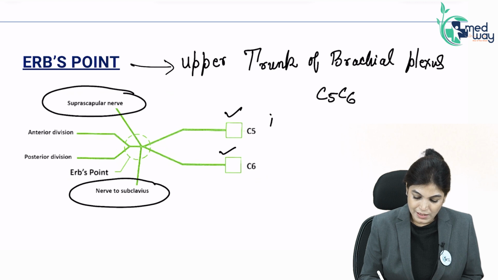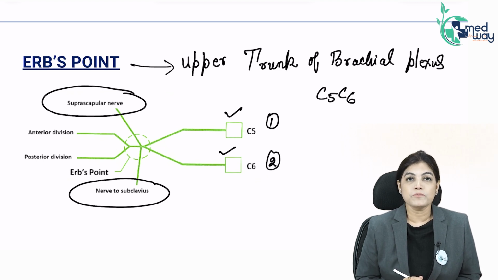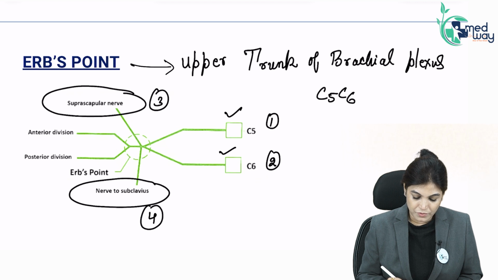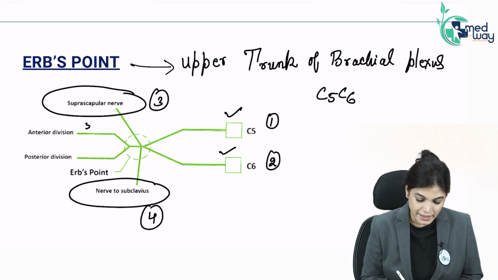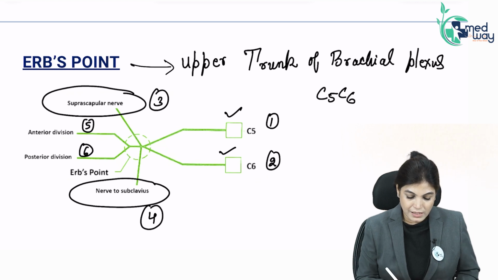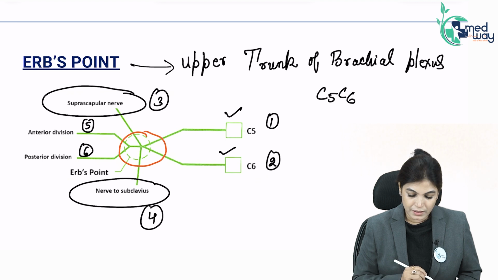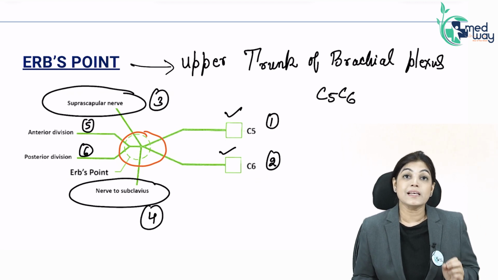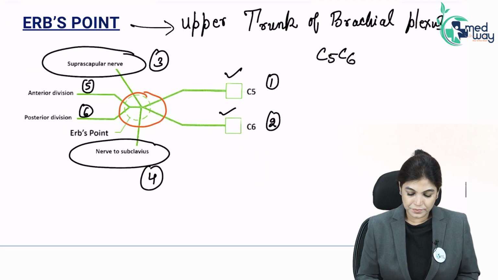So, this is C5, this is C6, and actually 6 nerves meet at Erb's point, the location of the upper trunk of brachial plexus, along with the branches suprascapular and nerve to subclavius. And again, as I told you, the upper trunk will divide into two divisions, anterior division and posterior division. So, in this diagram, you can clearly appreciate that the location of the upper trunk is where 6 nerves meet, and that meeting point is called Erb's point.